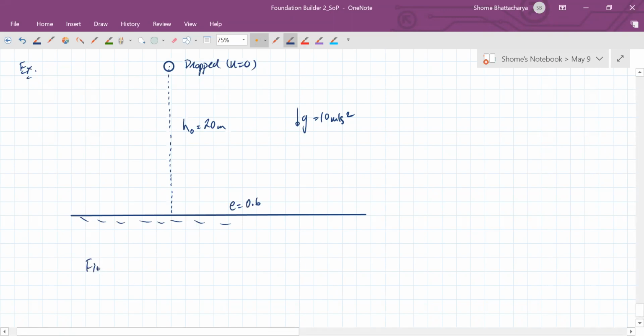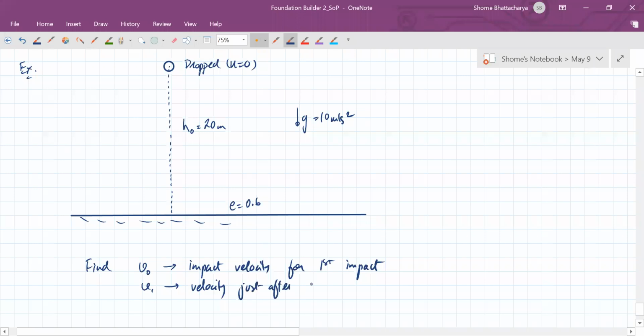So you have to find V0, the impact velocity for the first impact. V1, the velocity just after the first impact. H1, the maximum height after the first bounce.